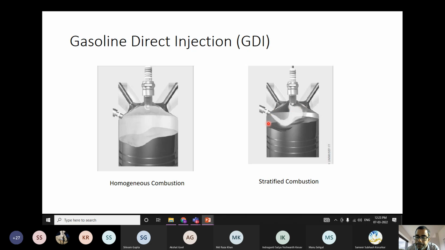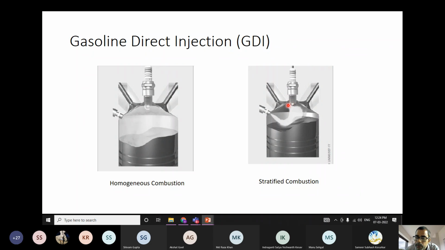The shape of the combustion chamber, the orientation of the injector, and the air motion inside the combustion chamber are such that when fuel comes into the combustion chamber, it can be deflected by the shape of the piston and goes to the tip of the spark plug.